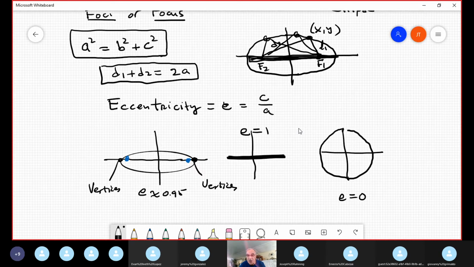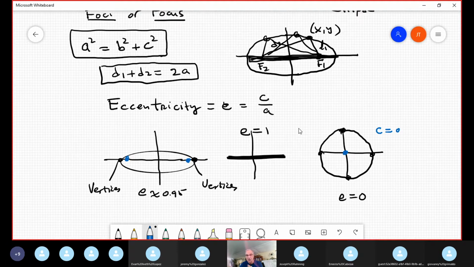It's completely round. Actually this is A, this is A, this is B, this is B. But what about C? The center is here, and C, the focal distance, is 0. In this case, you see now in the animation, very clear.